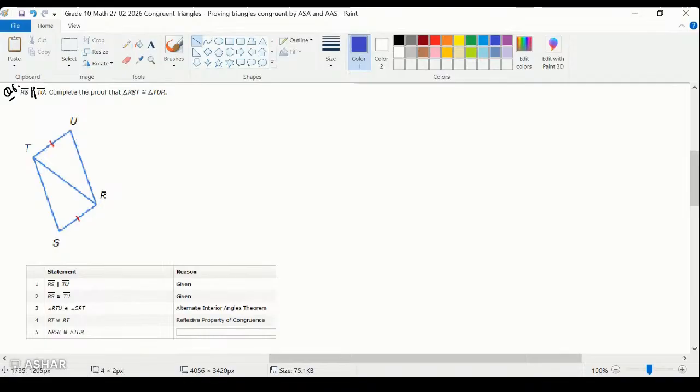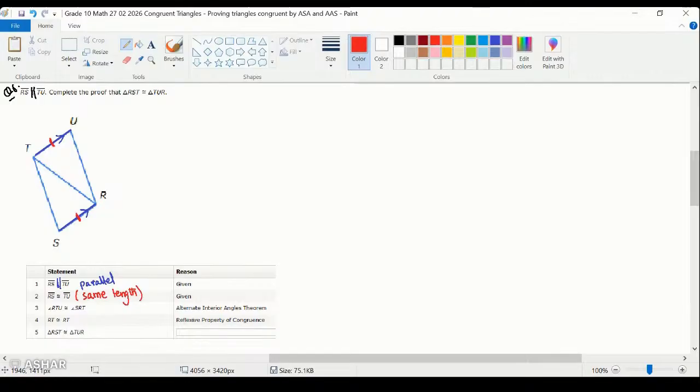This would be RS and TU, okay? The double straight line means they are parallel. So we can draw the arrow for the parallel, and they're even saying that they have the same length. Same length.